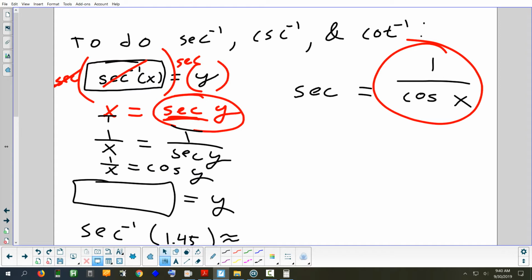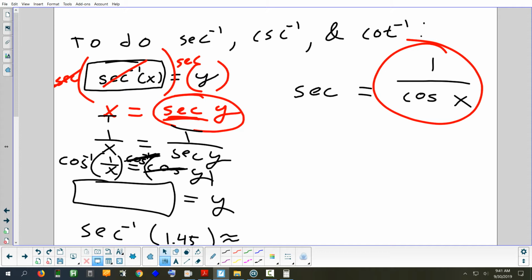Right now, this is what's preventing y from being alone. So what trig function would get rid of cosine on the right? You don't say divide by cosine. You can't divide by a word. You can only get rid of a function with another function that's the opposite of it. Yeah? Inverse cosine. And now watch what happens. Inverse cosine of what's on the left, and you have to do it on the right.